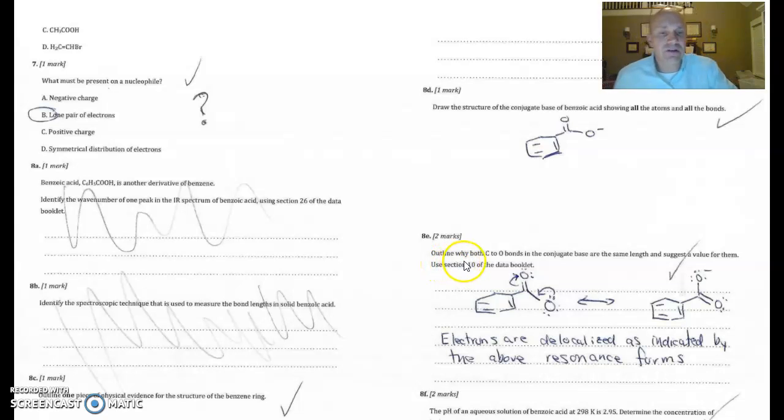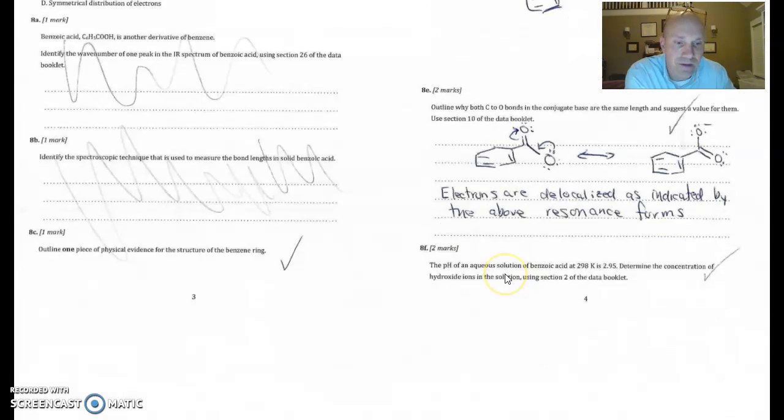To get the answer, look up the bond length of a C double bond O and the bond length of a C single bond O, and just state that it would be between those two lengths. So these aren't really full double bonds, and they're not really single bonds. They're somewhere in between.